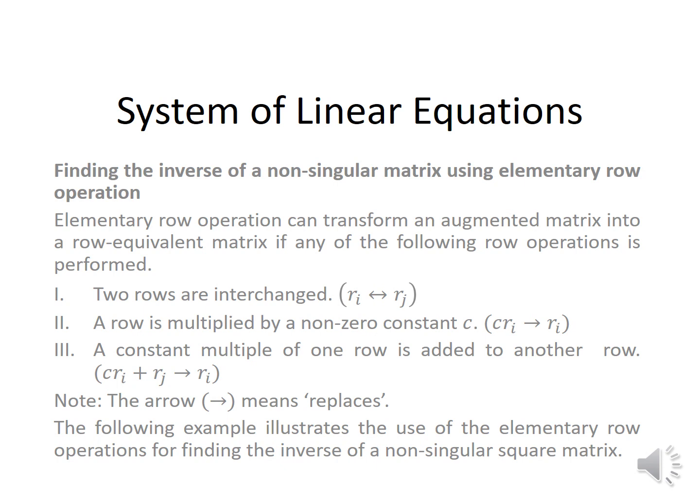And the last one, a constant multiple of one row is added to another row. This operation we have performed in the previous example, where we convert the element to 0. The arrow here means replace. The following example illustrates the use of elementary row operations for finding the inverse of a non-singular square matrix.